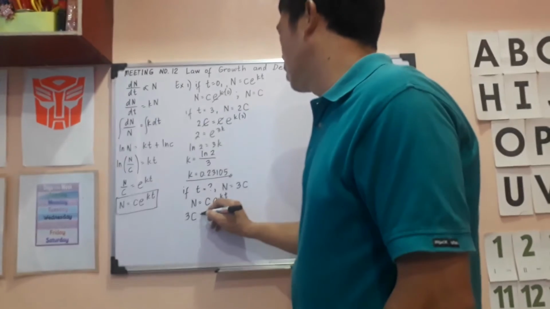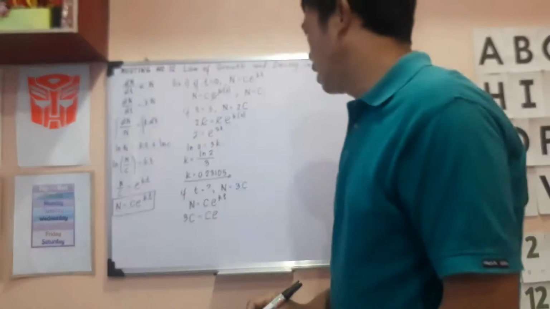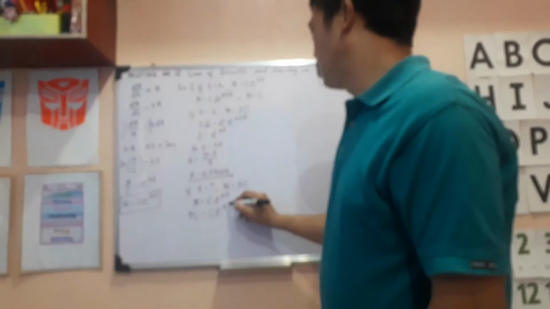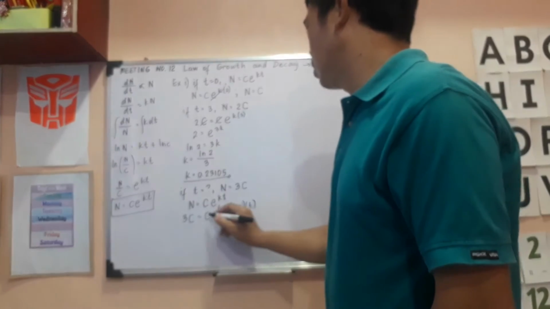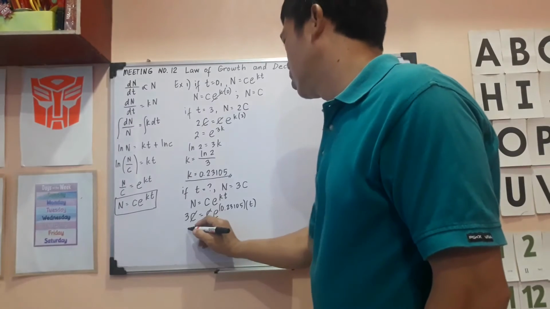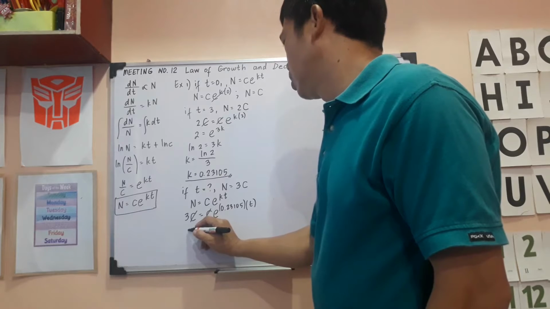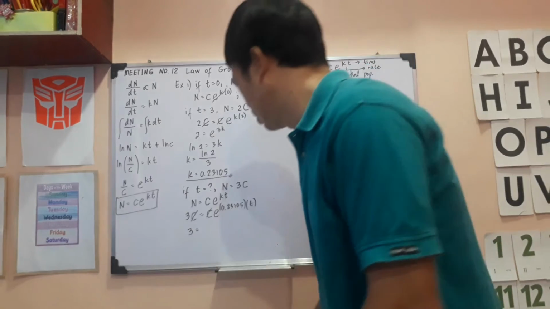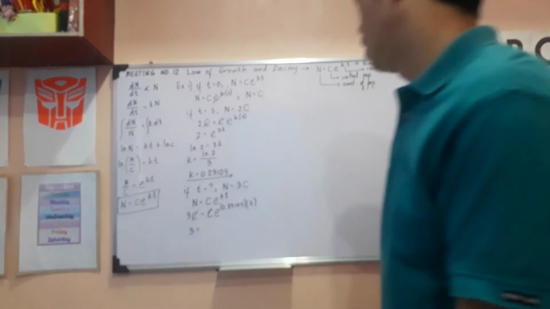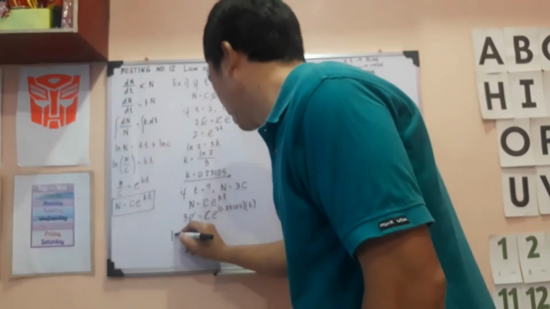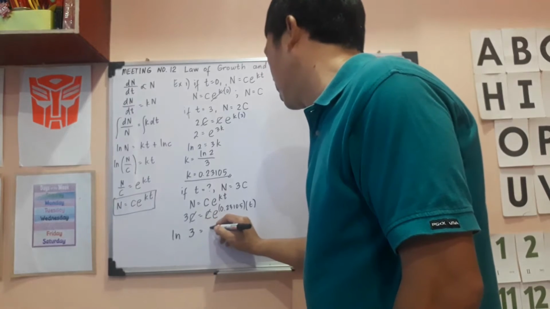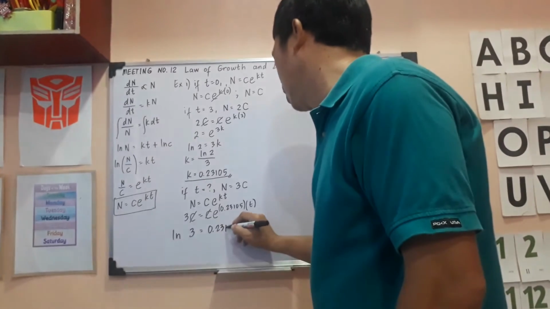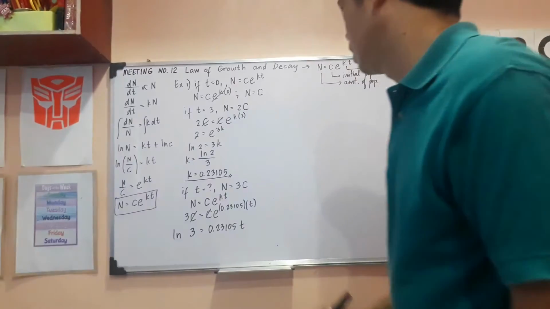N is 3C is equal to C e raised to k, which is 0.23105, times T, unknown. So, cancel the C. So, 3 is equal to e raised to 0.23105 T. We take the ln so that the e on the other side disappears.